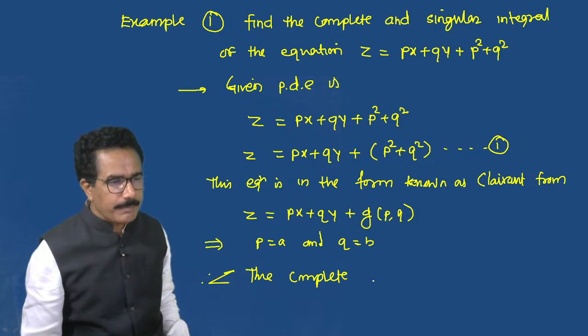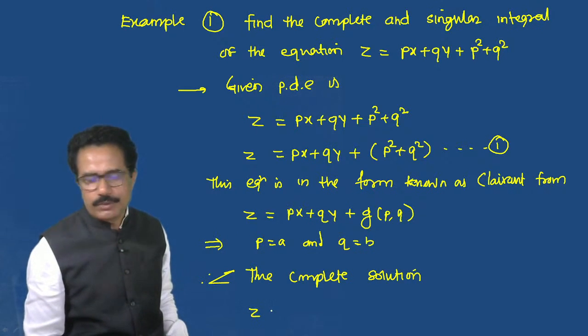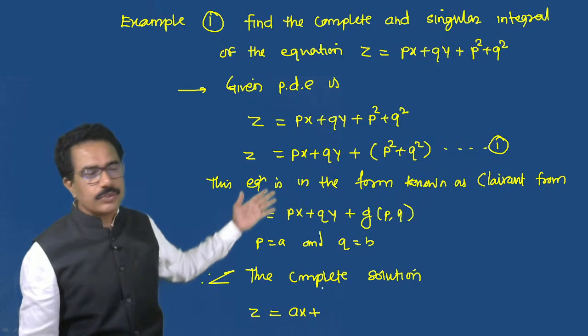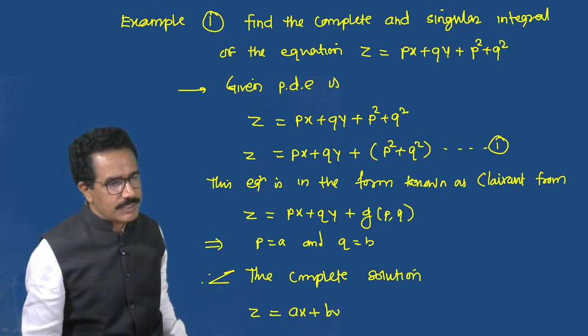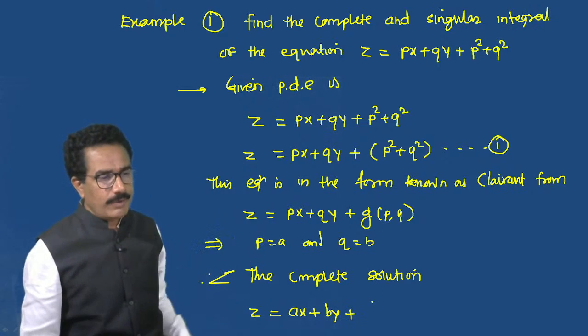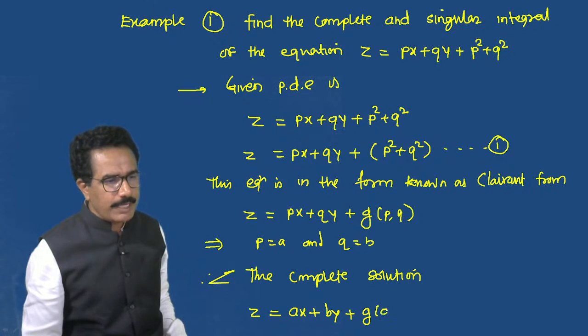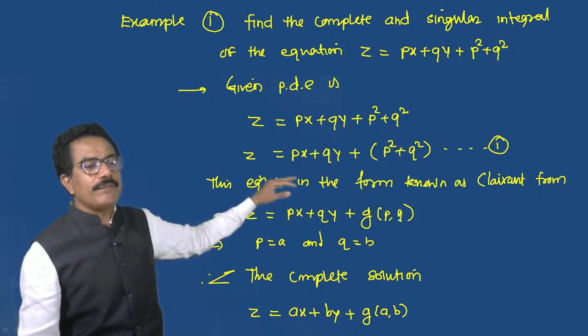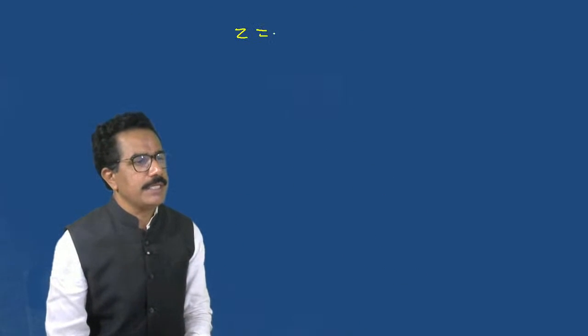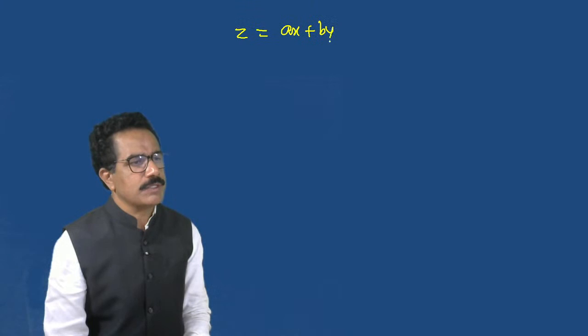So we can write the complete solution. What is that solution? Who can tell me? z = ax + by + g(a, b), where g(p, q) means p² + q².